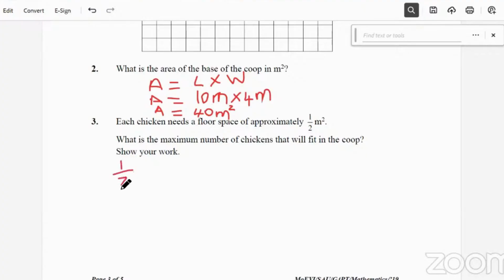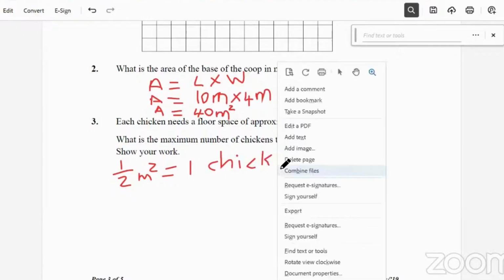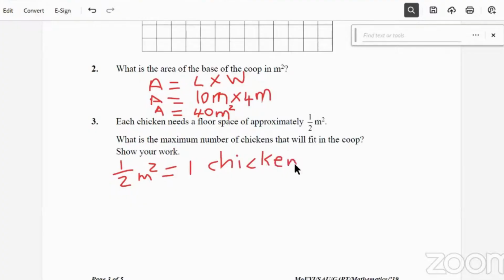So half meter square is equal to 1 chicken, so 1 meter square is equal to 2 chickens.